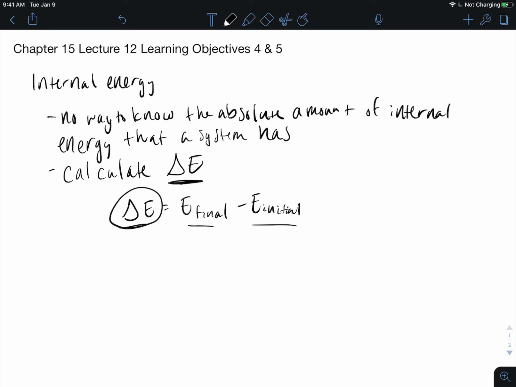Another way that we can calculate our enthalpy is that our heat is equal to our internal energy plus the product of pressure and volume, work. Okay?